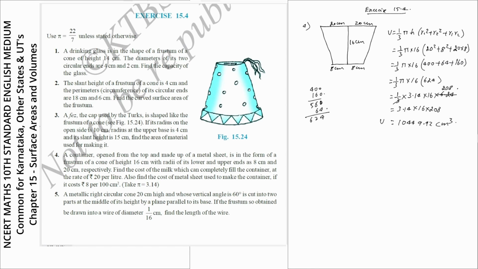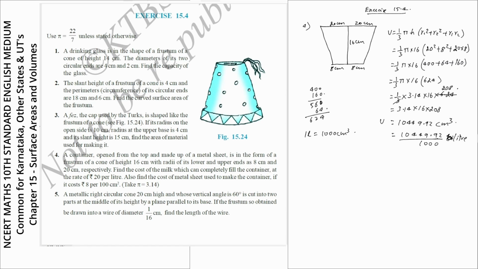So multiplication I have left to you. Now 1 liter is equal to 1000 centimeter cube. Therefore this is equal to 10449.92 by 1000 liters.